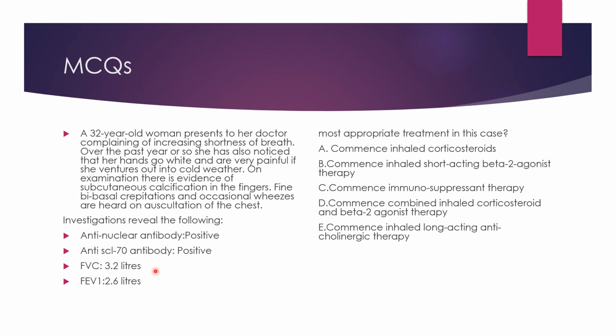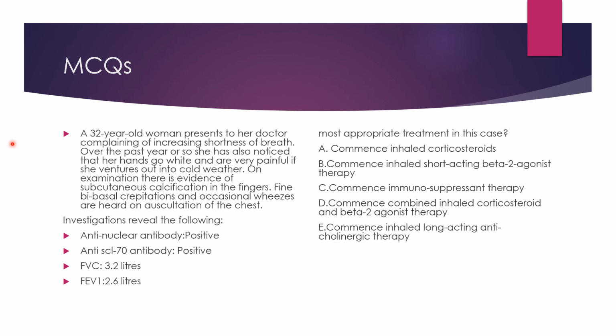So here the FVC is mildly reduced. Coming to FEV1, normal values range from 3.5 to 4.5 in males and 2.5 to 3.25 in females. So it is almost at the lower limit, it is reduced, but both are reduced.